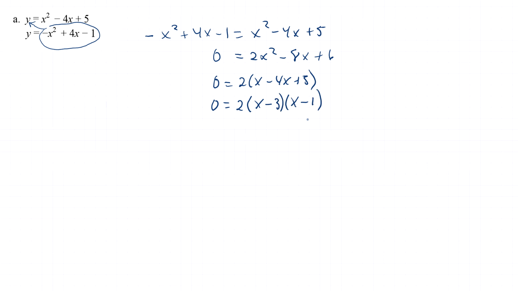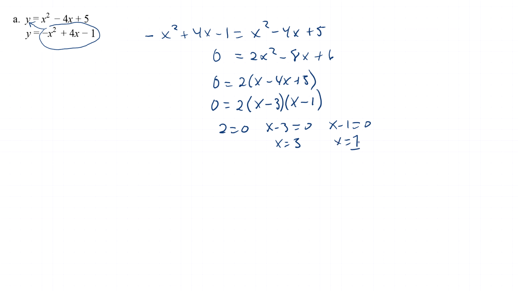And so my solutions are going to be: 2 equals 0 is not possible, x minus 3 equals 0, so x equals 3, and then x minus 1 equals 0, so x equals 1.